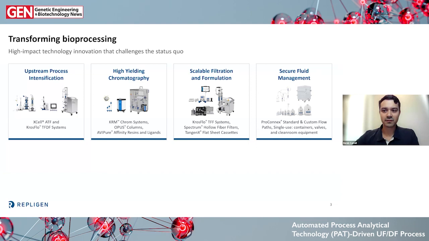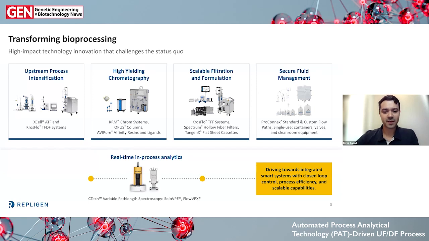And then we also have secure fluid management with our ProConnex standard and custom flow pass, single-use containers, and valves and clean room equipment. We also have real-time in-process analytics. So that is CTEX variable pathlength spectroscopy, with the two main products being the Solo VPE and the Flow VPX.